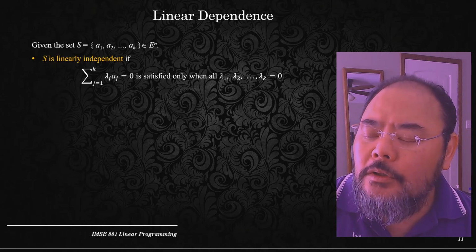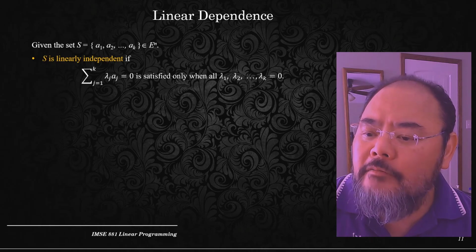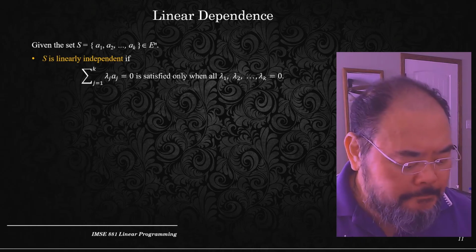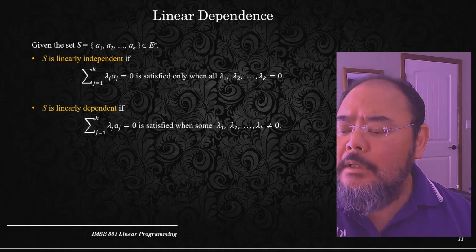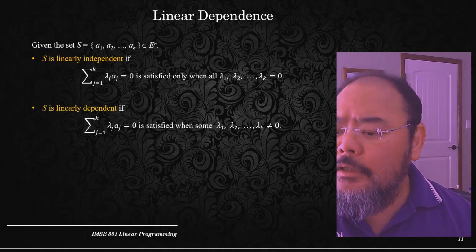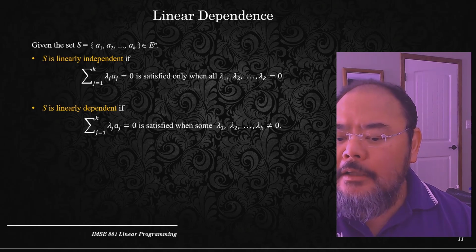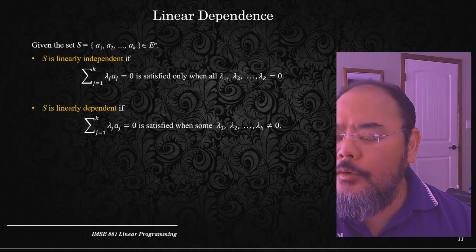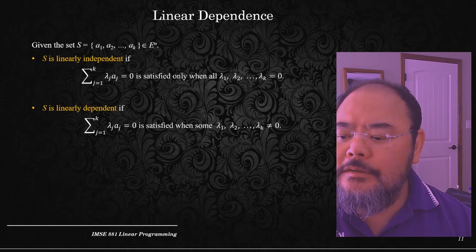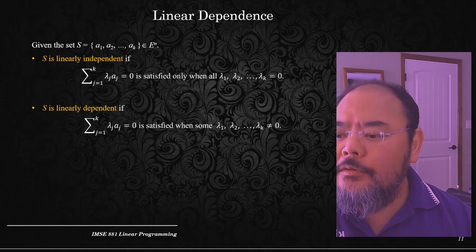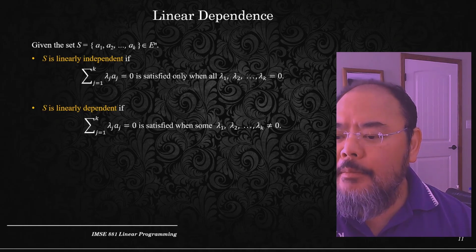So this is the set of A vectors that are linearly independent. We call S linearly dependent if we can find some lambda j not equal to 0 such that the summation of lambda j times aj equals 0 using this set. So here is what we call linear independence and linear dependence.